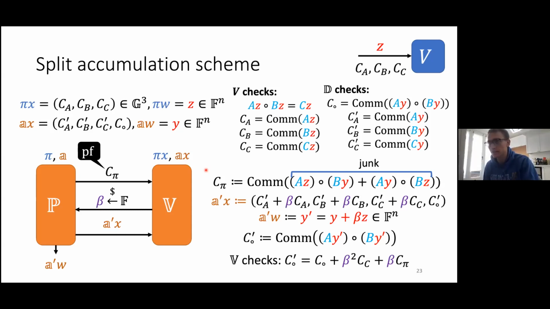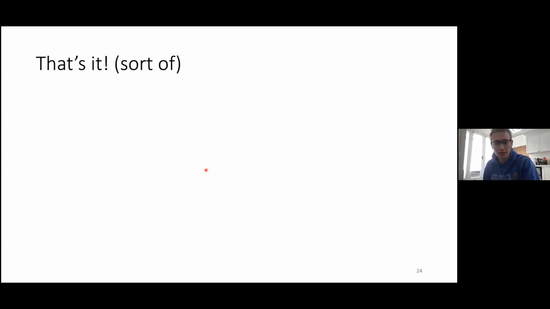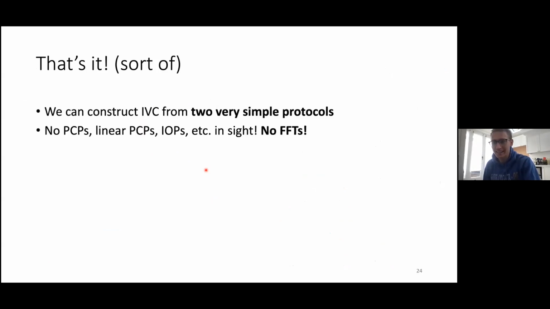But I'm going to continue now. So what I already mentioned, and I hope people realize, is that this allows us to construct IVC from two very, very simple protocols. And there's no PCPs, linear PCPs, IOPs, all this fancy machinery, not even FFTs inside.